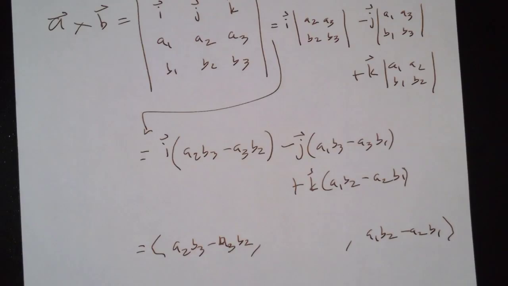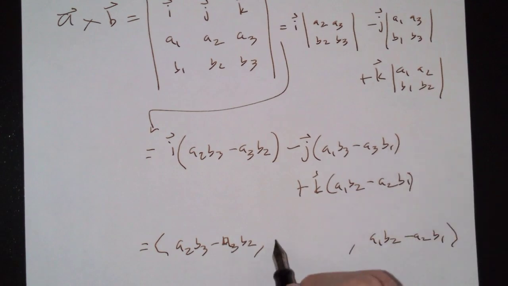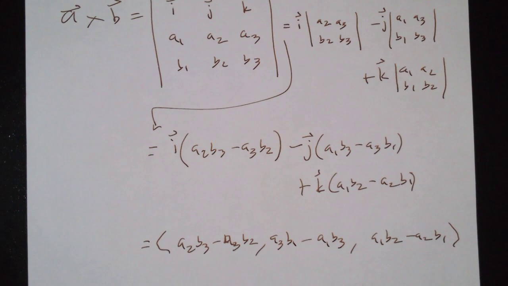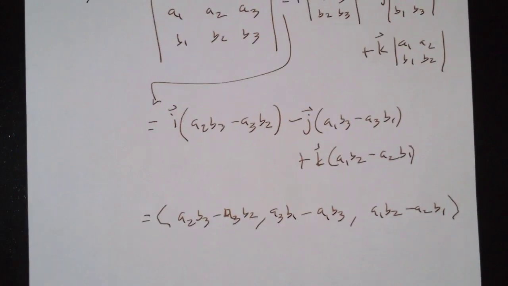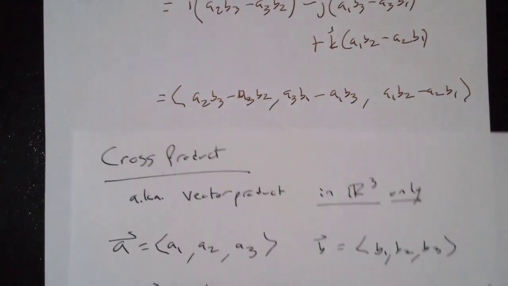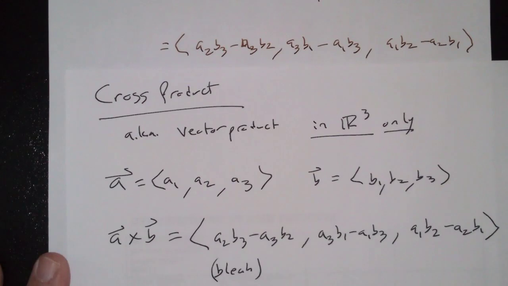So if I want to rewrite this in components, I need to distribute that minus sign. That'll make this the positive thing, A3B1 minus A1B3. At which point I have this wonderful eureka moment, and I say to myself, that is exactly the same as this.